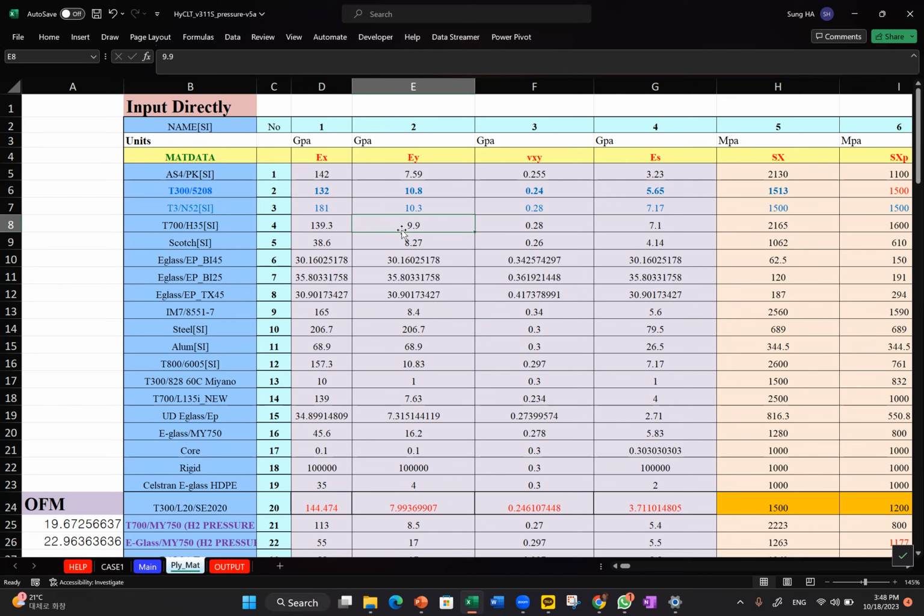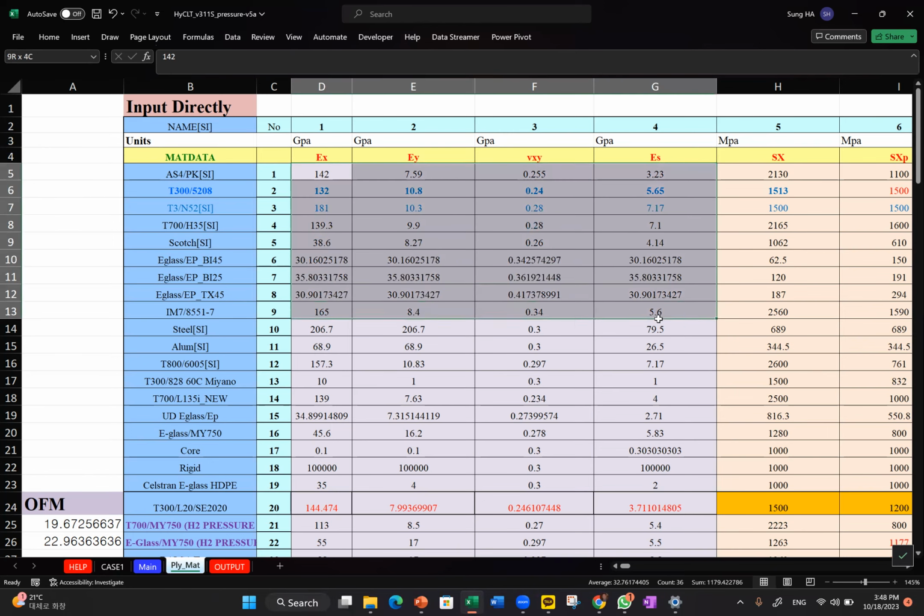This is often neglected, but it is very important to understand the ratio. It is about 140 gigapascal, and this one is about 10 gigapascal, and shear is on the order of 5 or 10 gigapascal, and Poisson's ratio is on the same order of 0.3 as noticed in isotropic material. Okay, so we just pay attention to these four stiffnesses.